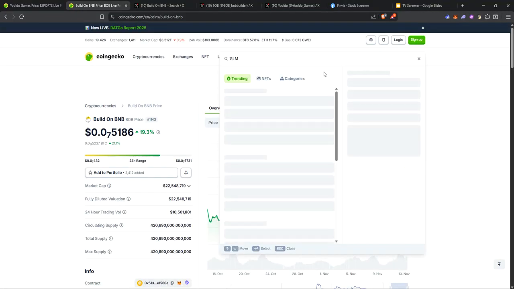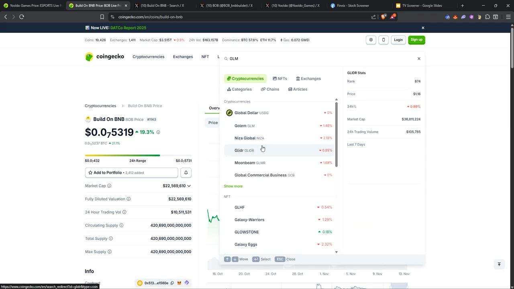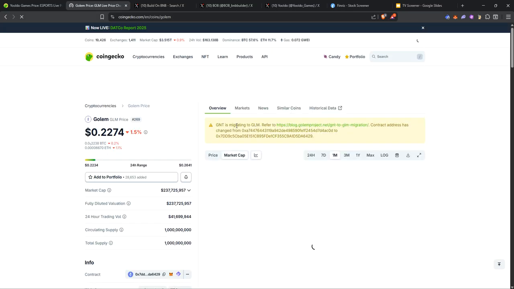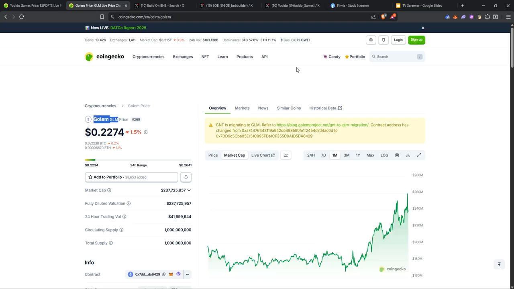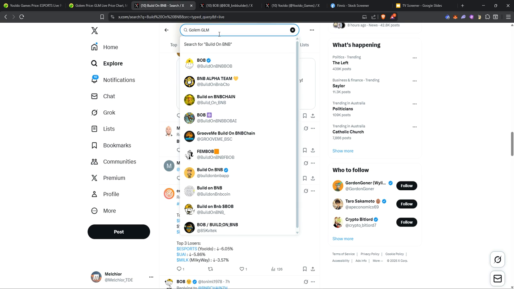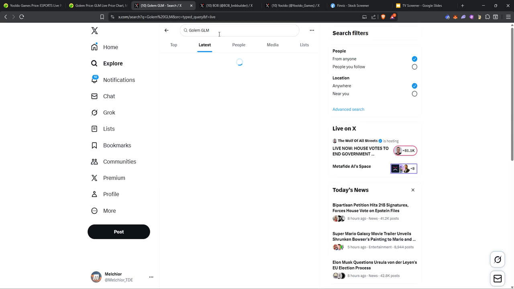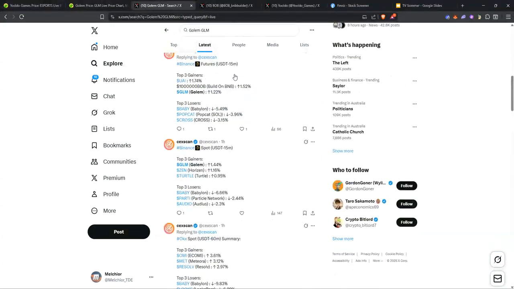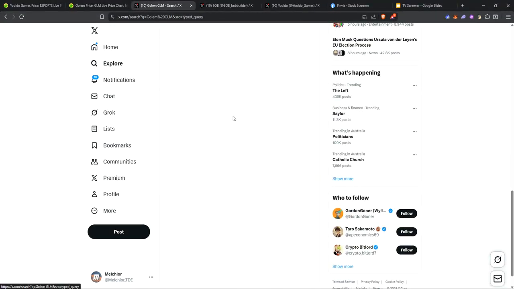GLM. First of all, what is GLM? Golem. Such a dinosaur coin. Golem, GLM. Let's have a look again. Fundamental drivers, if any.